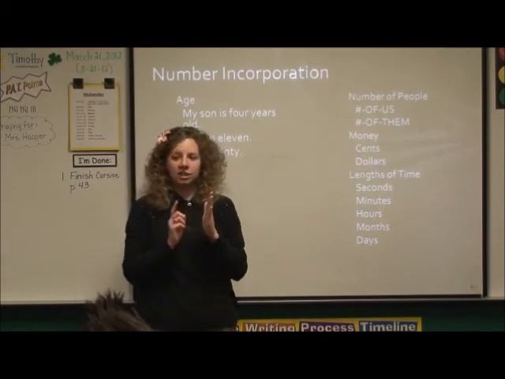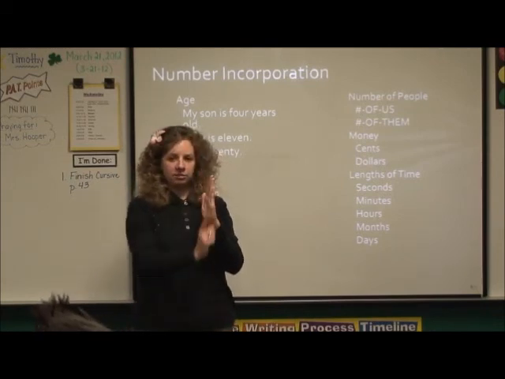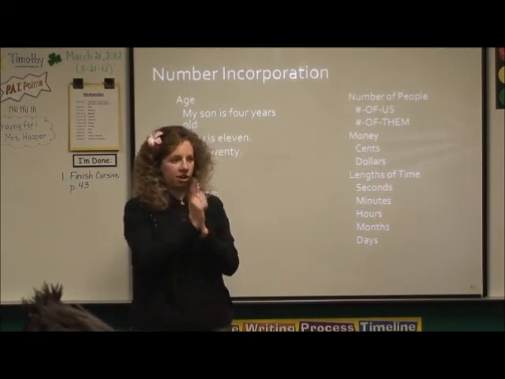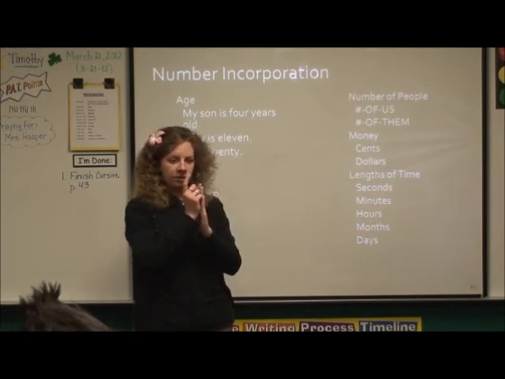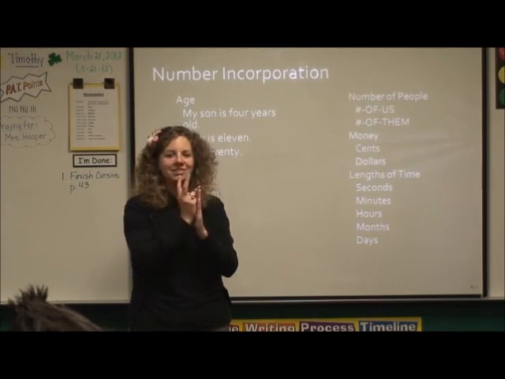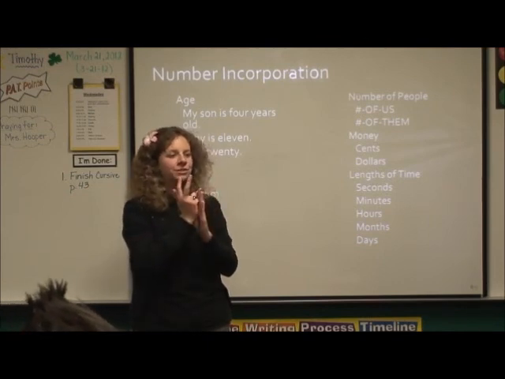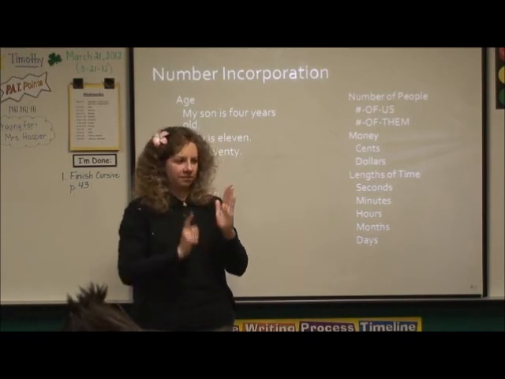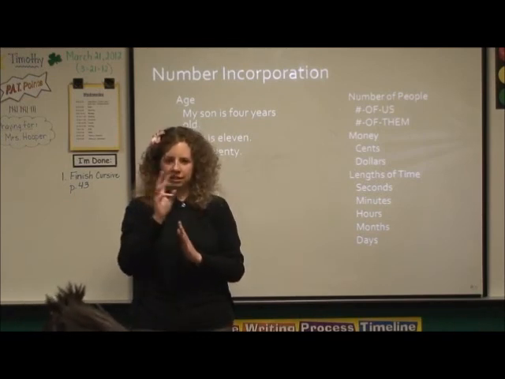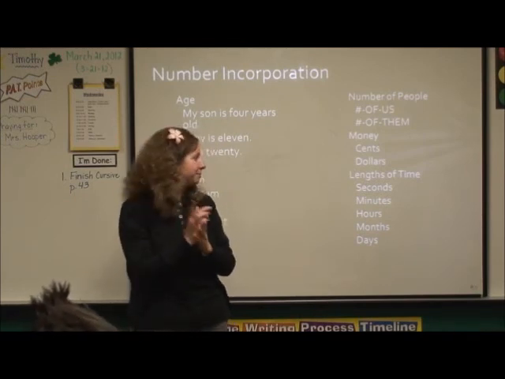For hours, the sign for hours is here. So it's like a clock going around once, okay? So you could do 1 hour, and then you can go to 2 hours, 3 hours, and 4 hours. And then for 5, you'd probably just go to 5 hours, signing it like that. 6 hours, okay?